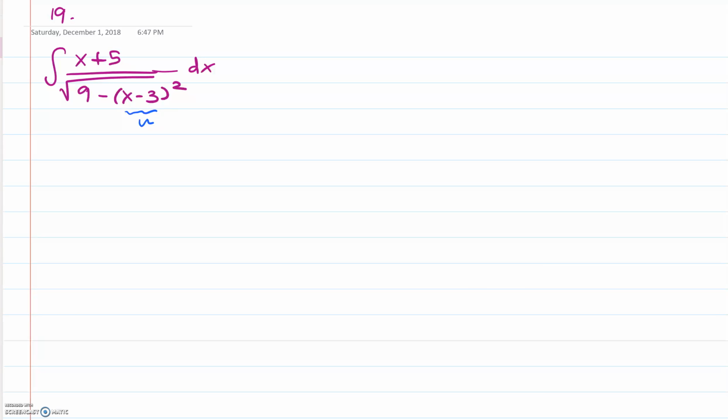The idea behind this is the formula. We have 1 over square root of a squared minus u squared du. Right? So we have a formula of this form where we have a square root in the denominator and a squared minus u squared, a constant, which is 9, and this could become u squared. Right? So that is the idea.